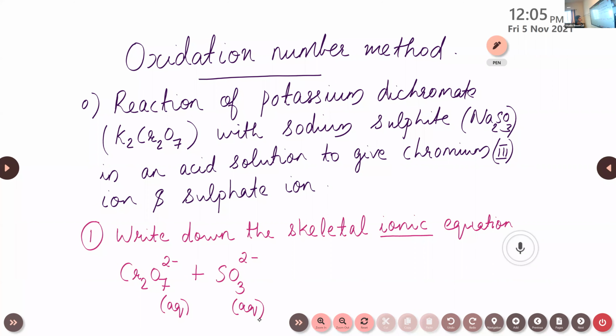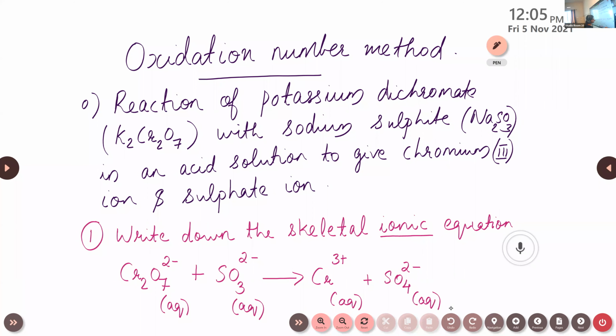So these two are the reactants and it will give Cr3 plus, that is chromium ion, that's also in aqueous state, then plus SO4 2 minus, sulfate ion.